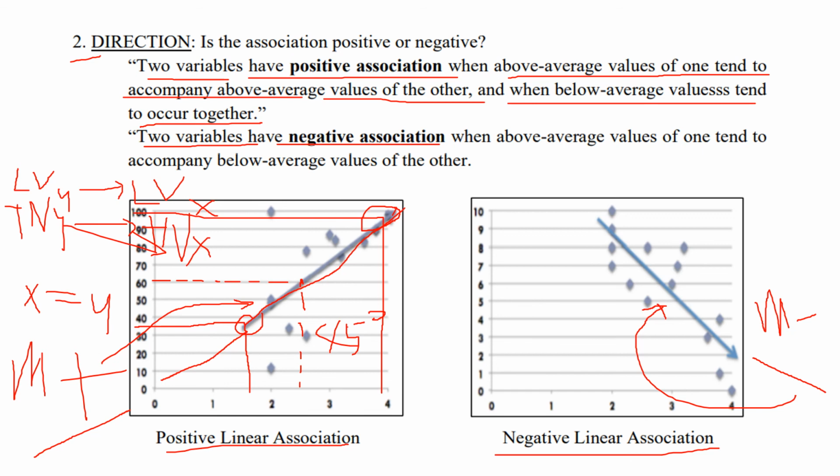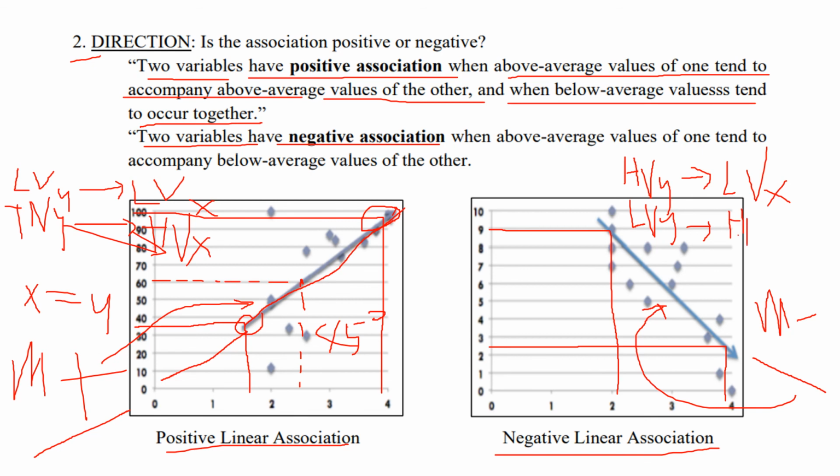Now, for this one, it's different. A higher value of y can be mapped to a lower value of x, and a lower value of y can be mapped to a higher value of x, based on the negative linear association.